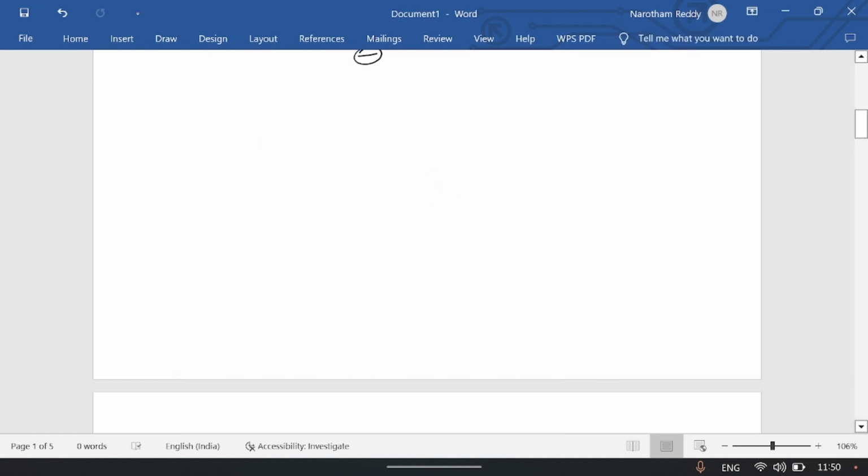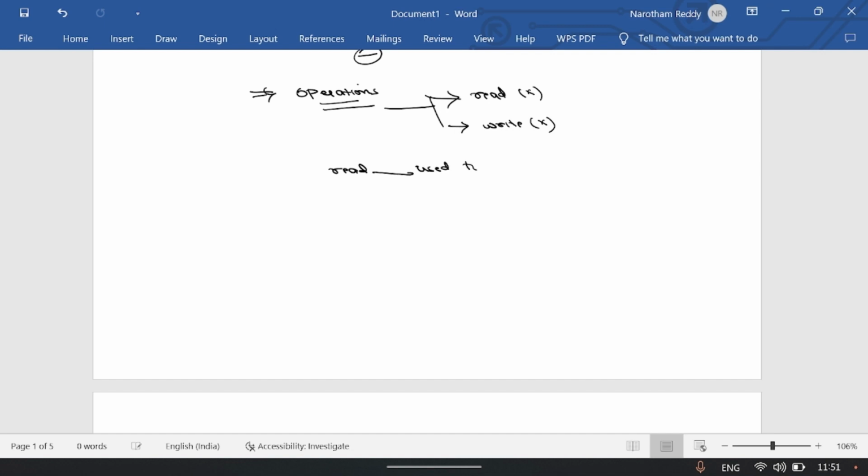While talking about operations, there are two types of operations in a transaction: read and write. Read is used to read the value of X from the database and store it in a buffer in main memory.